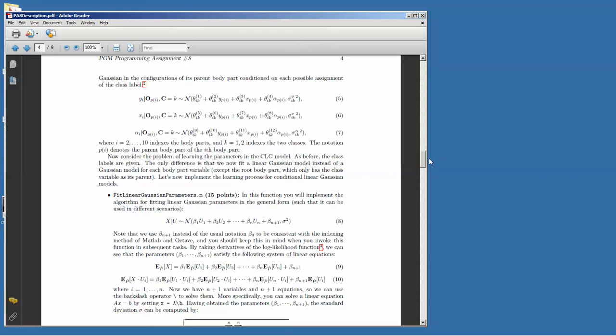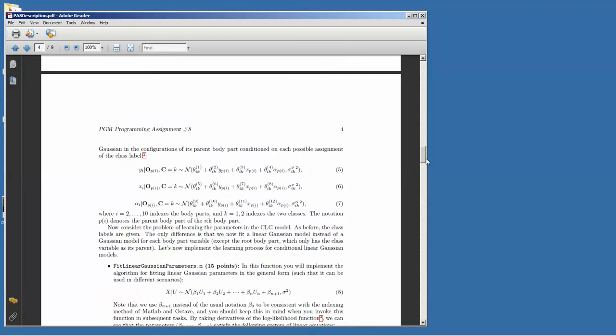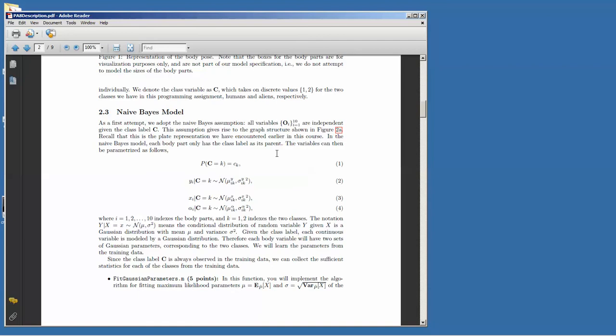Whereas in the naive Bayes model, you could just use this straightforward model here, you can parameterize them with this straightforward Gaussian, because each body part only has the class label as its parent. It does not have more than one parent in the naive Bayes model. So this is again a straightforward implementation.